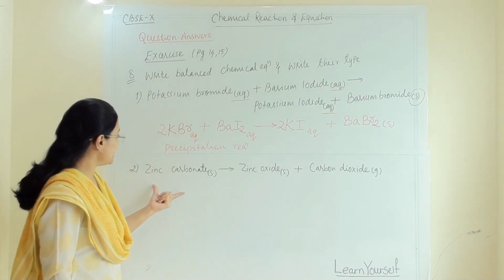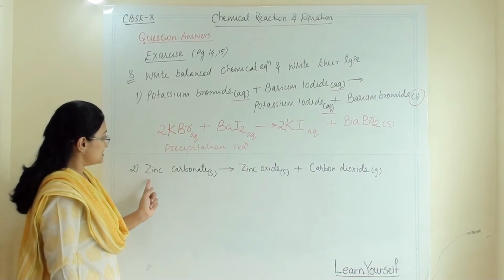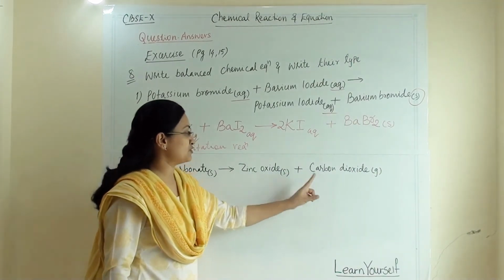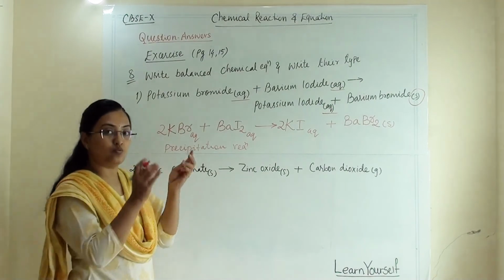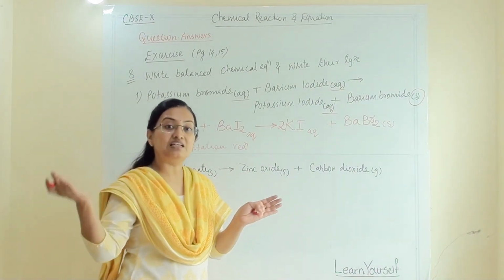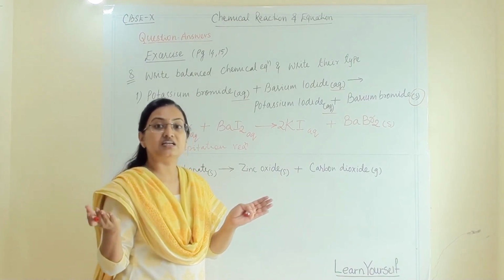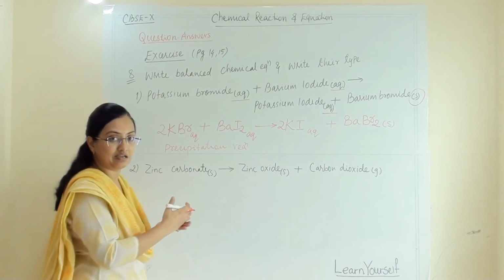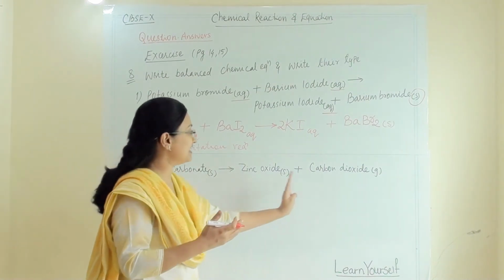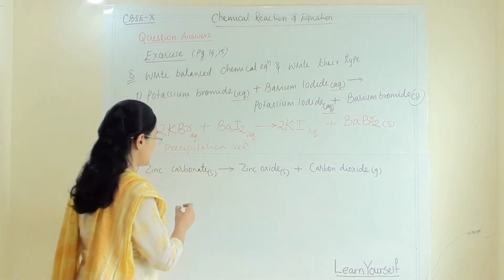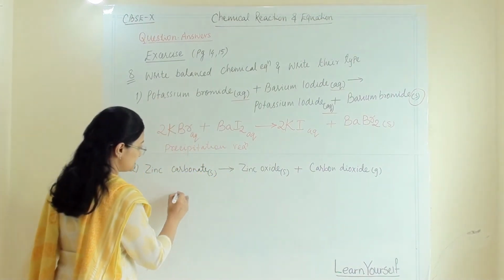Going to the next question, zinc carbonate will give us zinc oxide and carbon dioxide. We have learned that when one reactant is there and it is giving multiple products, it is a decomposition reaction. When we break one compound, decomposing it, and we get multiple products, then it is a decomposition reaction. Now let us write this.